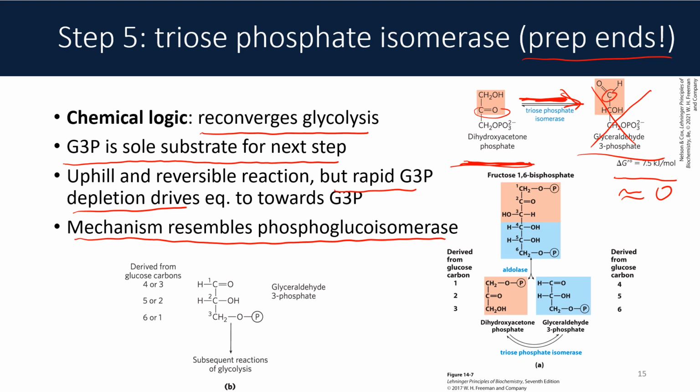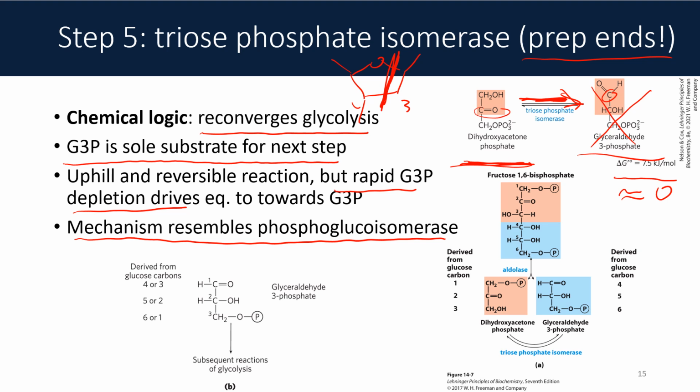You should, however, be broadly aware of how to map the original 6 carbons of glucose onto our DHAP and G3P because of how aldolase cuts fructose 1,6-bisphosphate down the middle, like so. Aldolase cuts right over there between carbons 3 and 4. So keeping track of this, I think, can be a little confusing.